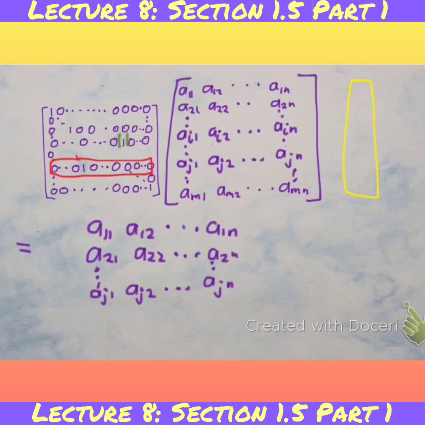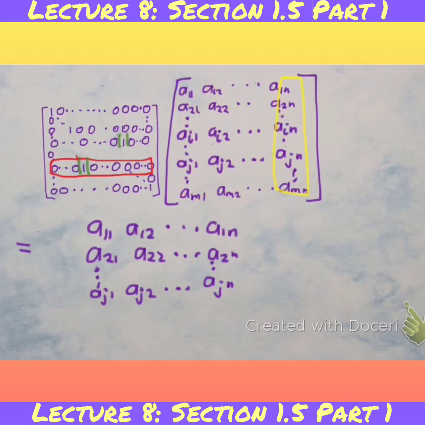Then moving on, you're going to carry on until you get to the jth row of E, and it's got a 1 in the ith column. So again, if you dot this row with all the columns, you're going to start with the first column and move to the nth column.